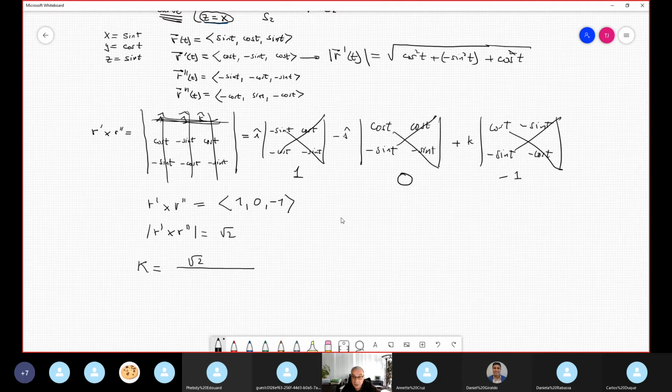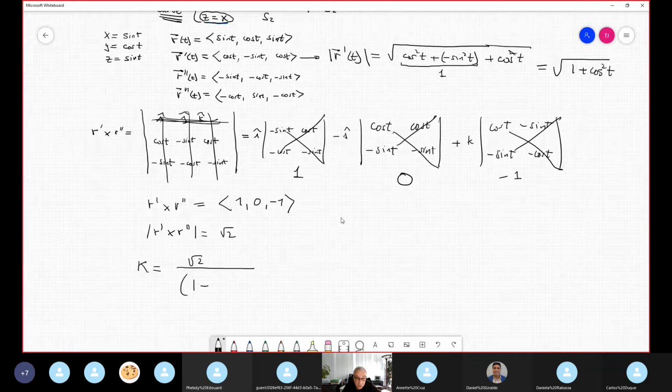This and this together is 1, it's obvious, because negative sine squared plus sine squared plus cosine squared is 1. Now the magnitude of the speed is the square root of 1 plus cosine squared t. Okay. So my kappa expression is radical 2 over 1 plus cosine squared t raised to the 3/2.